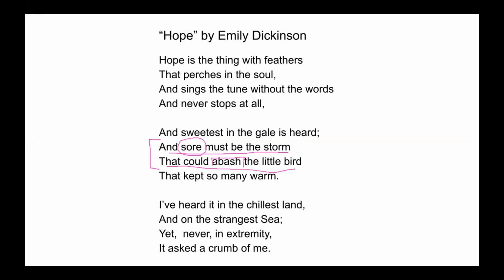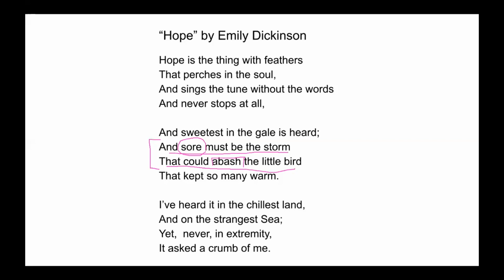Well, I think it's kind of saying a compare and contrast. Like it says, yet never in extremity, it asked a crumb of me.